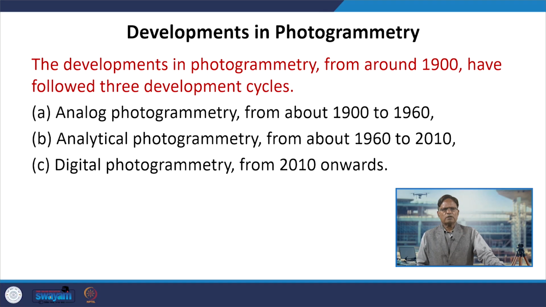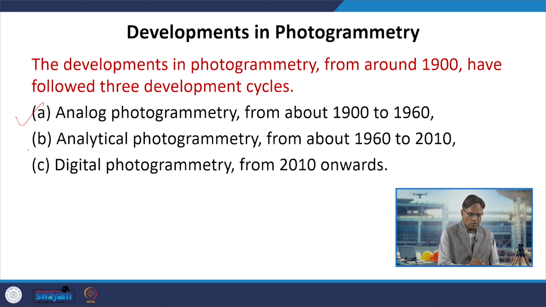If we look at the developments in photogrammetry from around 1900, there are three major developments which have taken place. One is the analog photogrammetry. From about 1900 to 1960, the photogrammetry was done on aerial photographs, on paper prints.